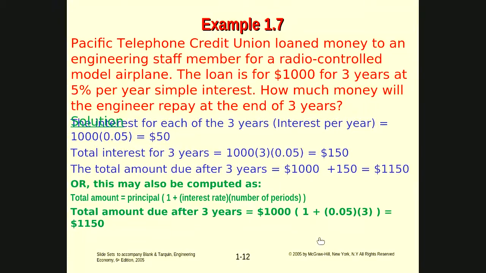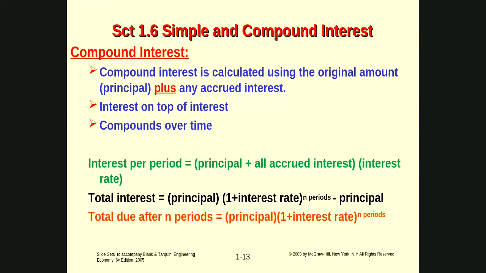Now we go to the compound interest. The compound interest has a slightly different formula, but it really affects the total amount paid at the end, especially when you apply it to a large value or a large principal. You will see the difference in the example, because we will solve the exact example that we have just solved for the simple, using the compound.